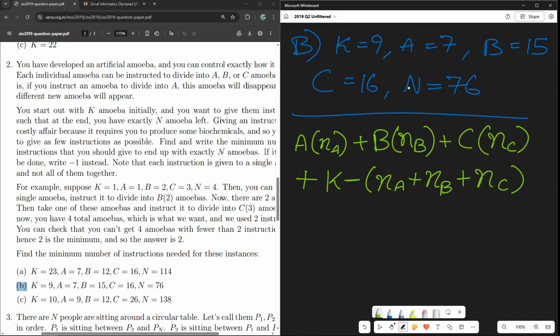Now since we have not subtracted this yet, what we can do is we can also add that. So how many bacteria did we use for this, right?